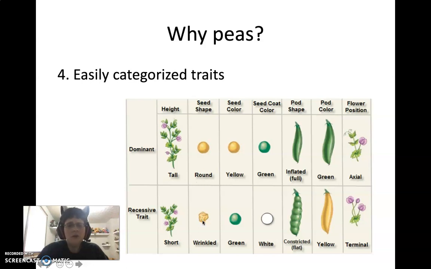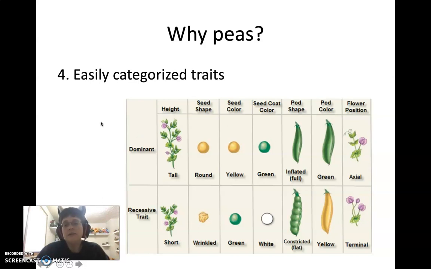Seeds are either round or wrinkled, yellow or green. The coat colors are either green or white, that's the outside. The pods are either big and poofy, or they pull in so you can see all of the peas. The pods are either yellow or green, and where the flowers are located are either along the pea vine or at the tips of the pea vine.